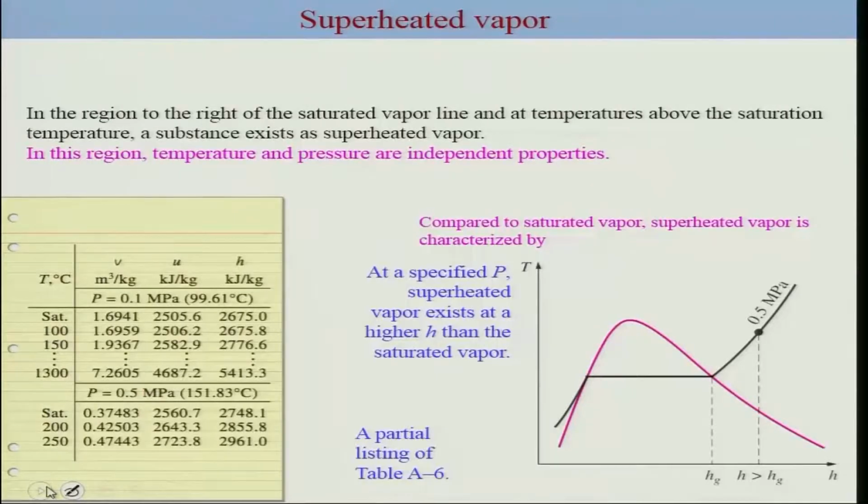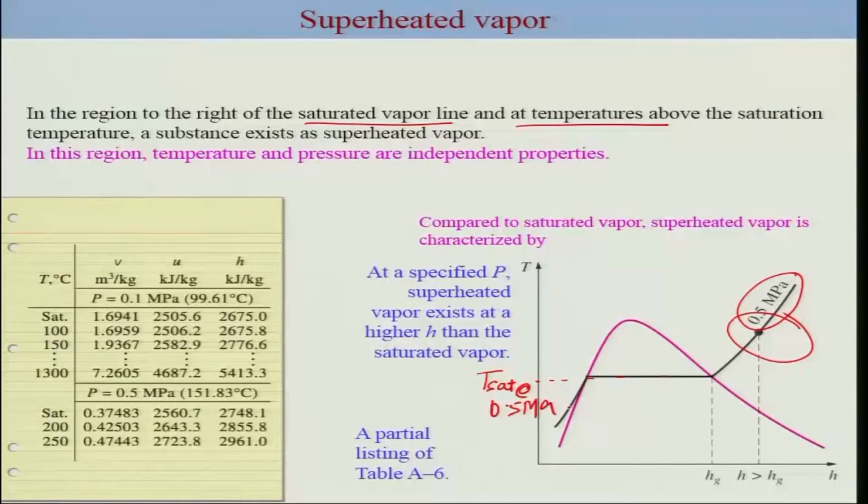Now let's look at the superheated vapor case, okay. This is the case where the state is away from the saturated vapor line, on the right side of the saturated vapor line, and at a temperature above the saturation temperature. So what does it mean? Let's say you take a pressure of 0.5 megapascal, and the saturation temperature is here. This particular point, which is represented by the circle, has a temperature greater than T sat at 0.5.